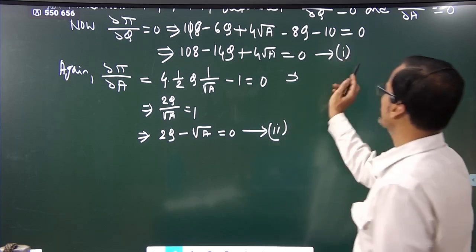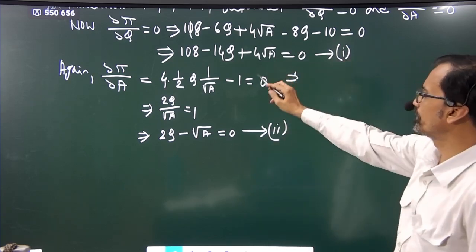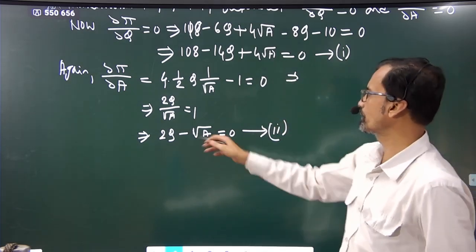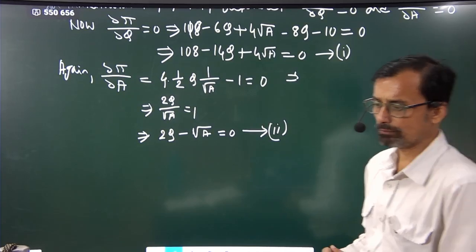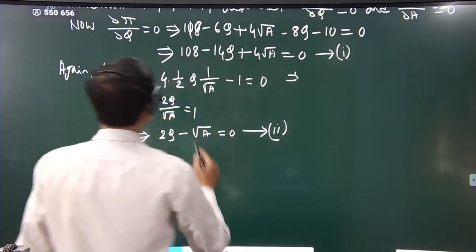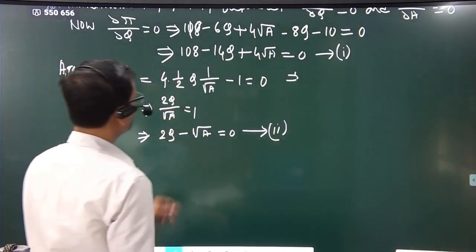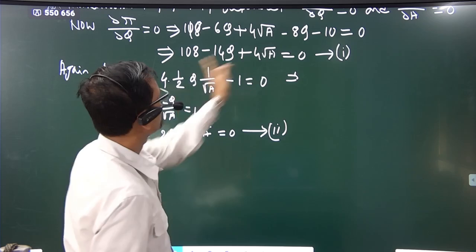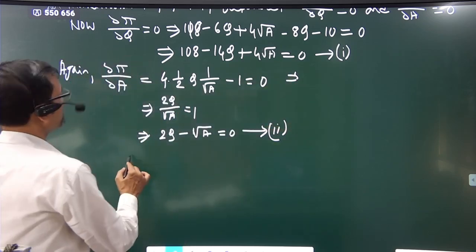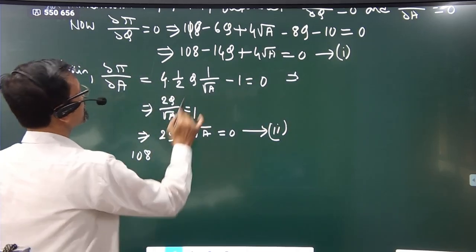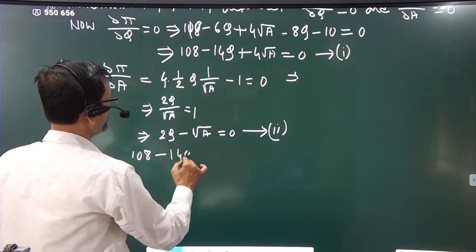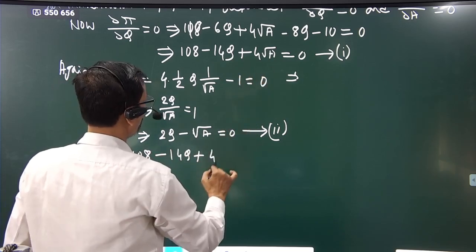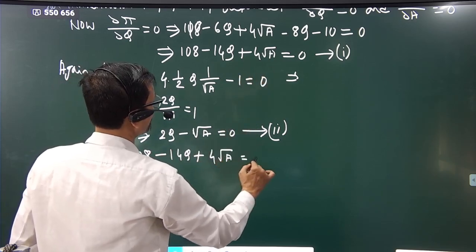Now if you multiply equation 2 by 4 and equation 1 by 1, we will get 108 minus 14Q plus 4 square root over A is equal to 0.